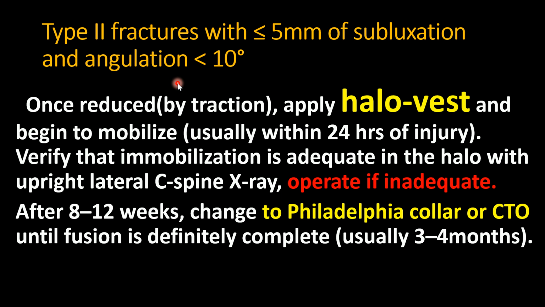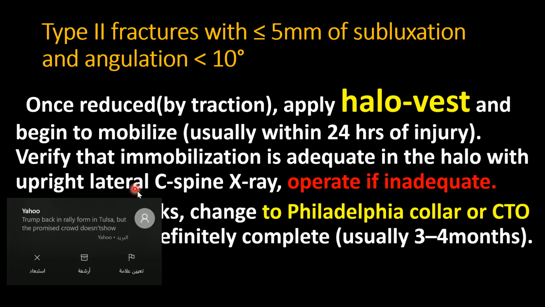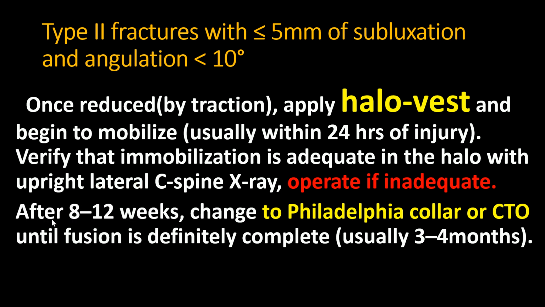if type 2 fracture with displacement less than or equal to 5 mm subluxation and the angulation is less than 10 degrees, once reduced by traction, apply Halo vest and begin to mobilize the patient within 24 hours of injury, and verify that immobilization is adequate in the Halo vest with upright lateral cervical spine X-ray.